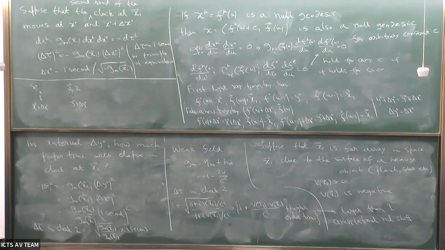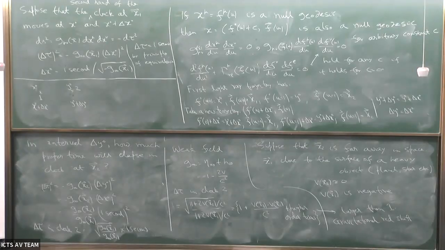Yeah. Because we are not trying to compare y0 with x0. That would require synchronizing them. And in this situation we have a static gravitational field. Yeah, exactly. And if the gravitational field was not static, then this 1 second difference would not remain 1 second, because the change in gravitational field means you follow a different null geodesic. Since it is a static gravitational field and it's weak, that's why this delta x0.